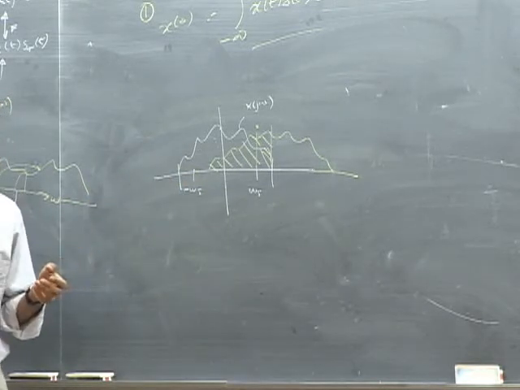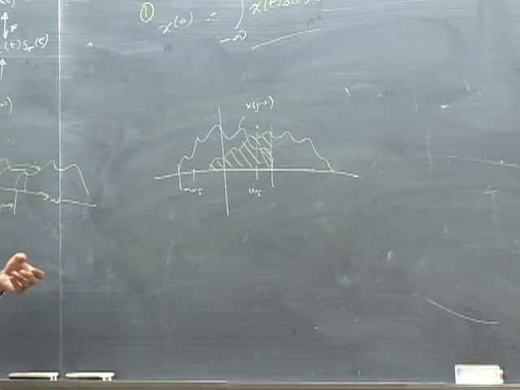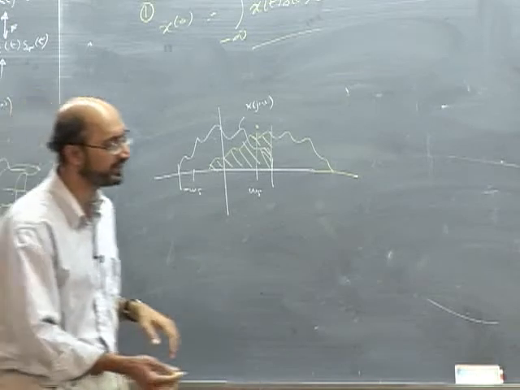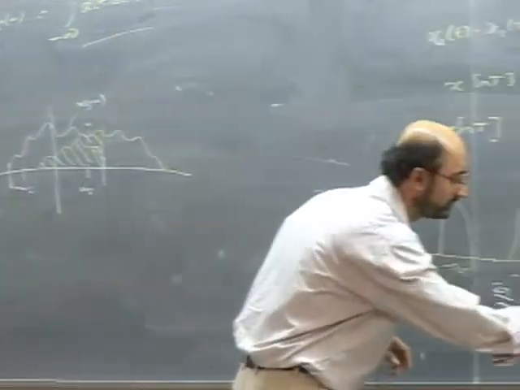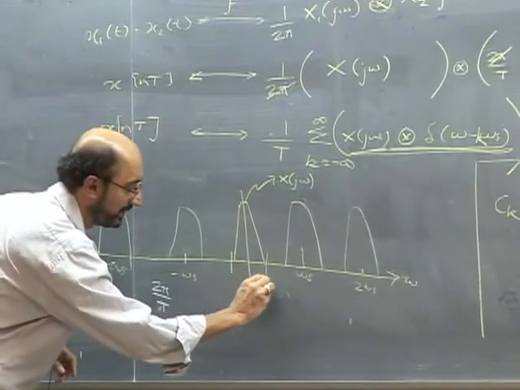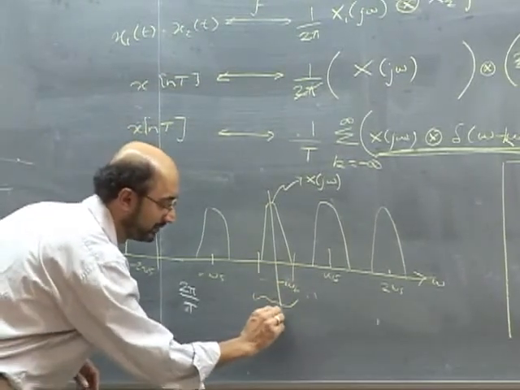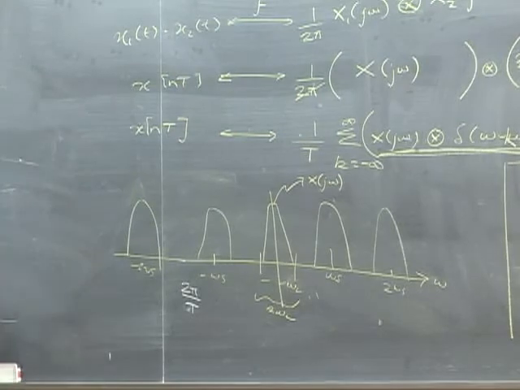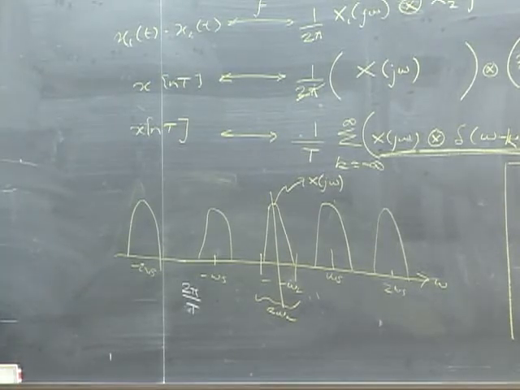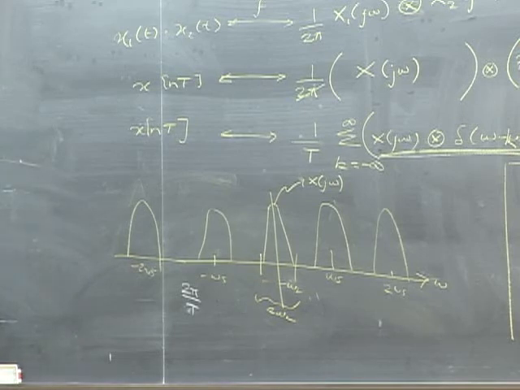I can't extract from it the original X of j omega anymore. It's gone. The other way of putting it is that if this is, let's say, omega L, and this is minus omega L to plus omega L, so this width is 2 omega L, where L stands for the largest frequency of the X of j omega, so I have some support.